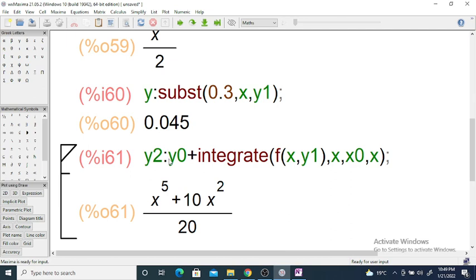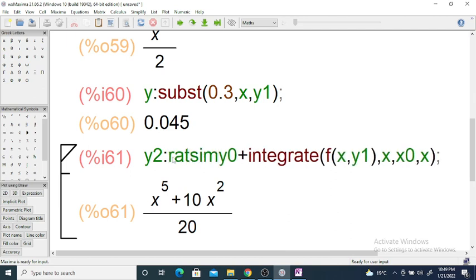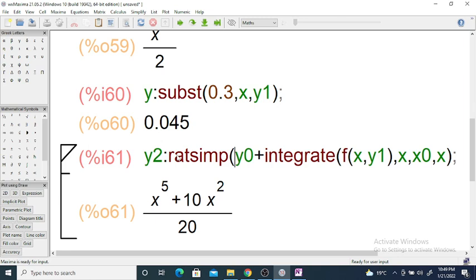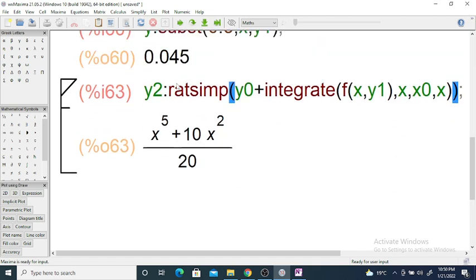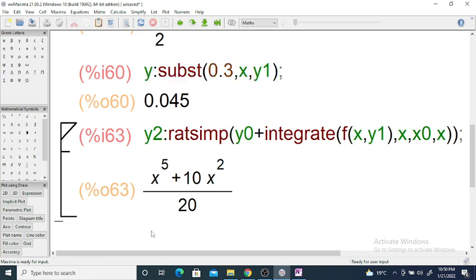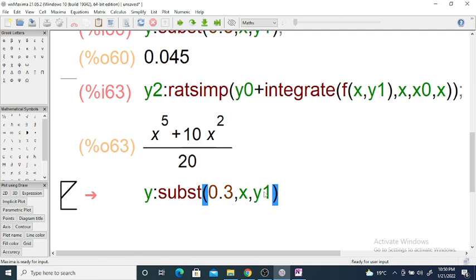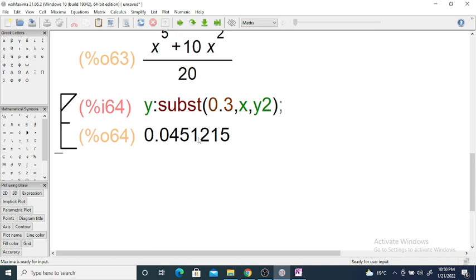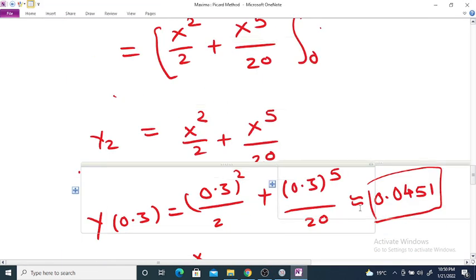If you write radsimp, you will get the same output; more simplification is not possible. Now we substitute the value of x as 0.3 in y2. So it is 0.04512. You can check here, it is 0.0451 in the second iteration.